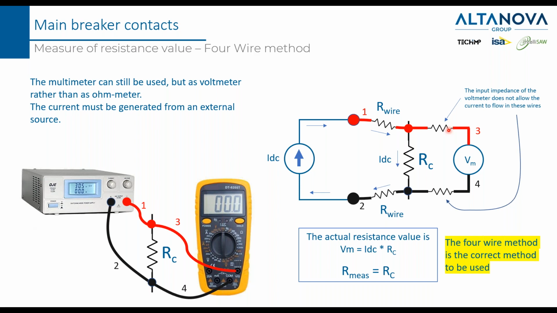So, trying to explain it in other words, the 4-wire method is more reliable because in principle it avoids measuring extra resistances that are not required.